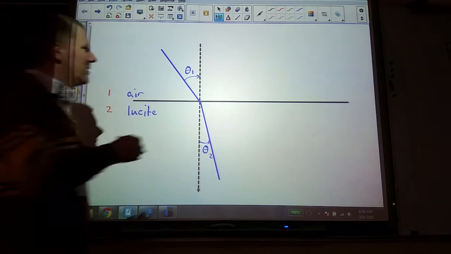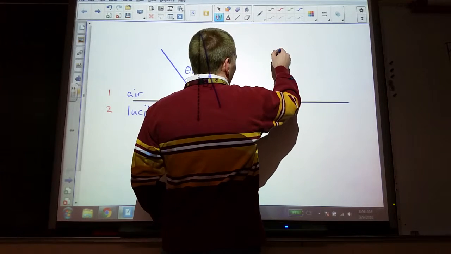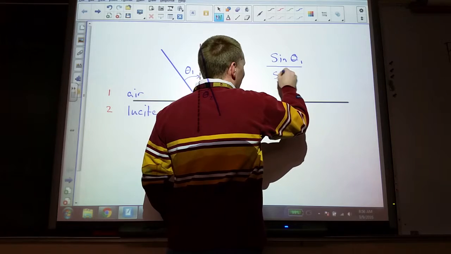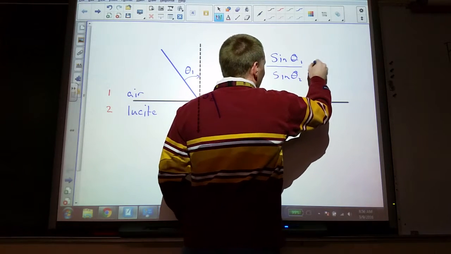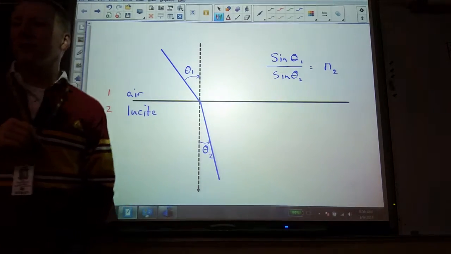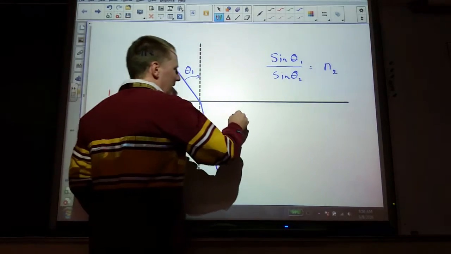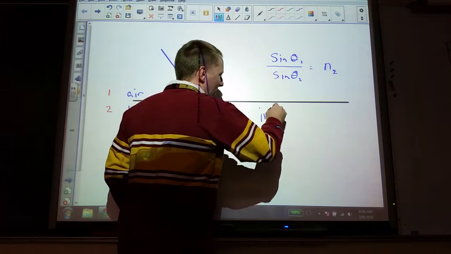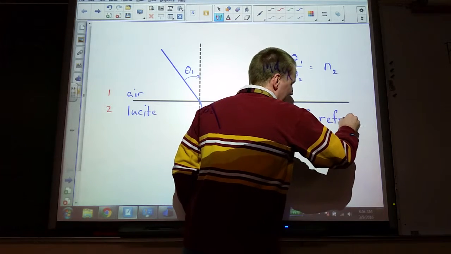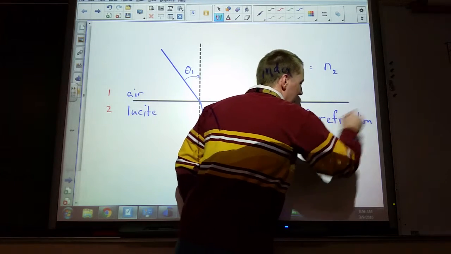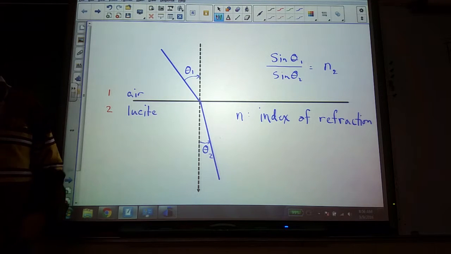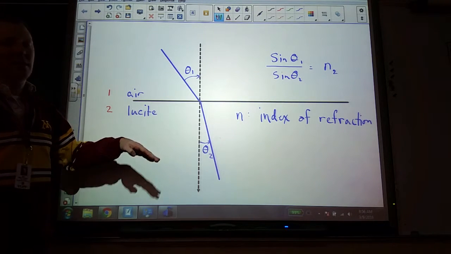If you took sine of the first angle divided by sine of the second angle, the one inside, you got a constant that we'd label n2, called the index of refraction. Refraction means bending here. And it's a description of how much light bends, essentially, going from one medium to another.